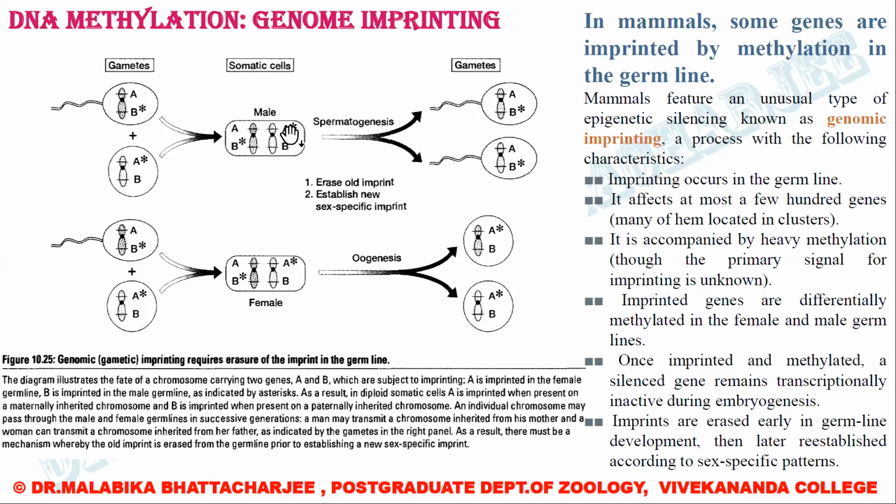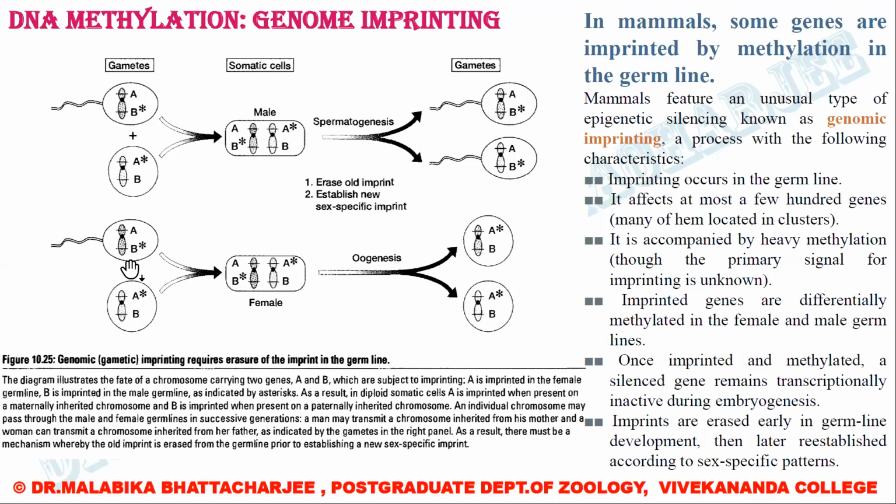This is the case of germ cells also. Now during spermatogenesis, sperms are produced. As you see, the old imprint is erased. Since both are male chromosomes, you erase the imprints from both A and B, and now establish fresh imprints on B only, because these are sperms. Sperms should have B imprints.